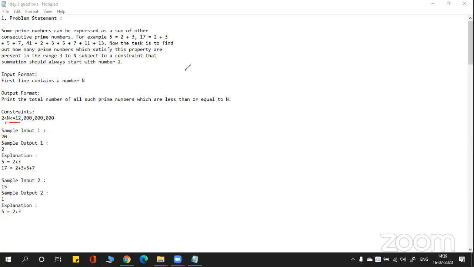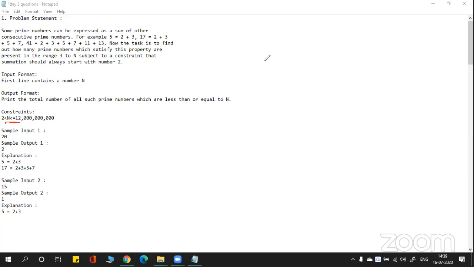In that n value, I need to find how many numbers can be expressed as a sum of prime numbers. Let me take some input. I'm taking the second input, which is 15.